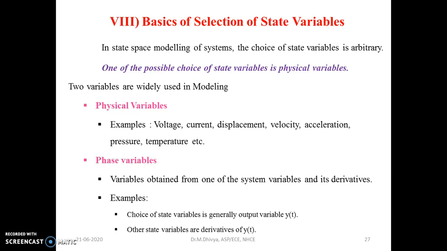The phase variables for this application will be the temperature of the room and its derivatives at an instant of time. Similarly, we can derive the state variables from the output of the given application.